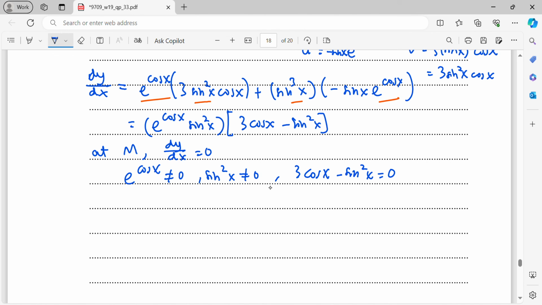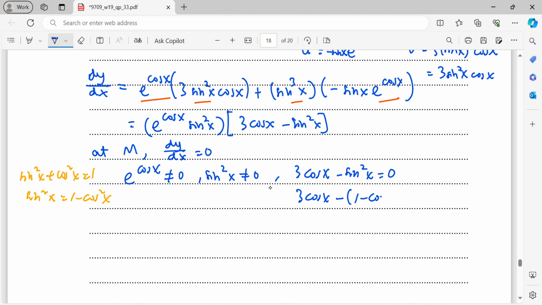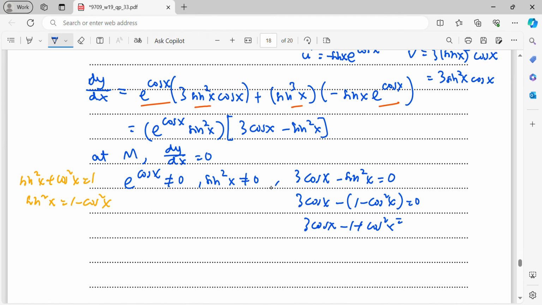Now to solve this, I change the sine squared x into 1 minus cos squared x because of this identity. So when you change, 3 cos x minus (1 minus cos squared x) equals 0, and now here I will be getting 3 cos x minus 1 plus cos squared x equals 0.